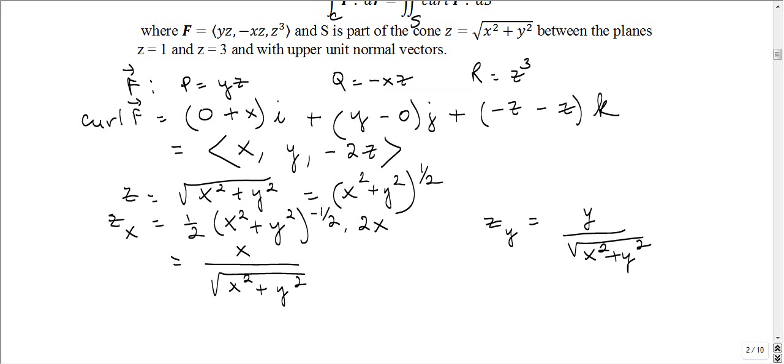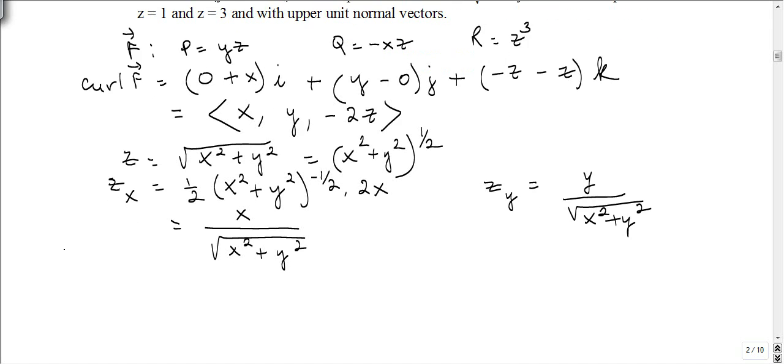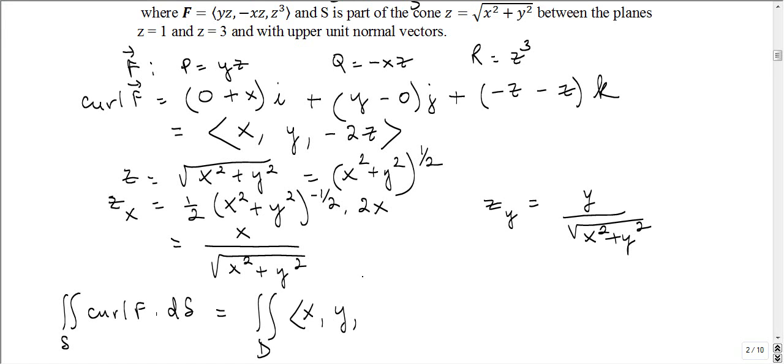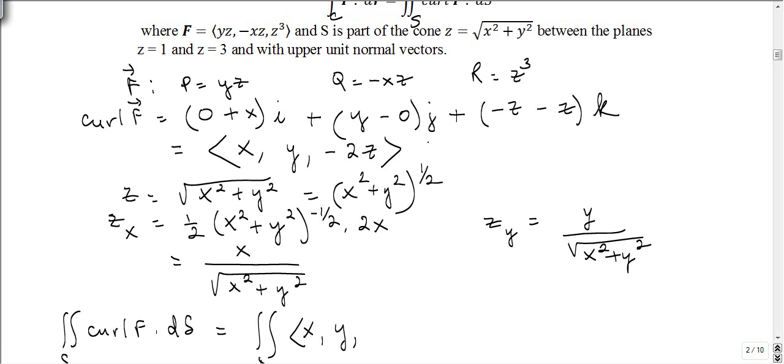Alright, so now let's set up the integral. So, the double integral over S of curl F dot dS, right? The rule is the double integral, let's call it D. So you take your curl F, X, Y, oh, what are we missing? What should we have done up there? After you find curl F, what do you notice?